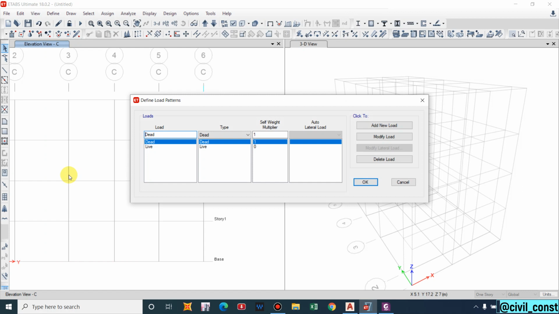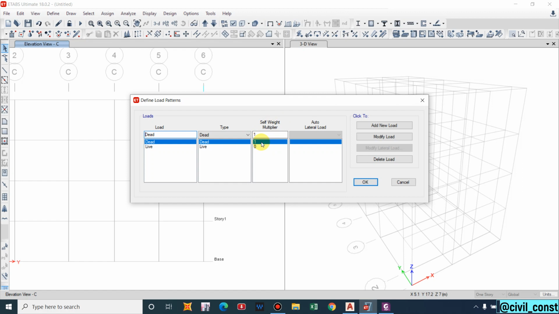We have two loads by default. The first is dead load, that is the self weight of the structure, and for the type it is dead, self weight multiplier 1. So what does self weight multiplier mean?